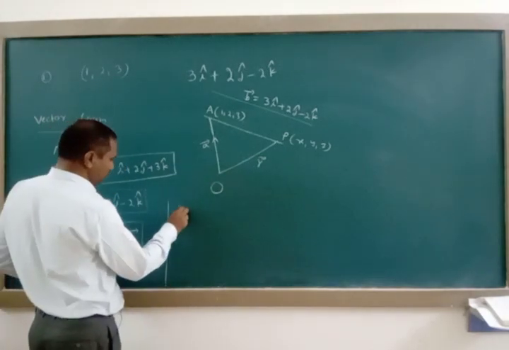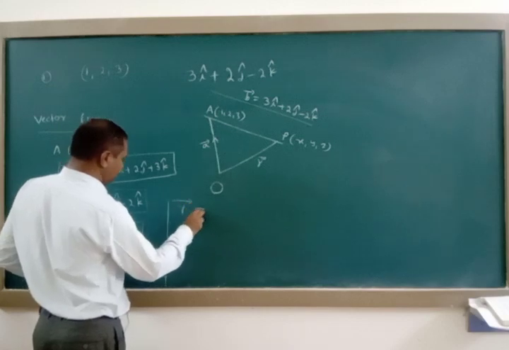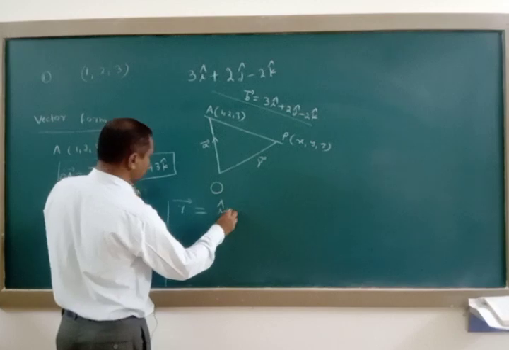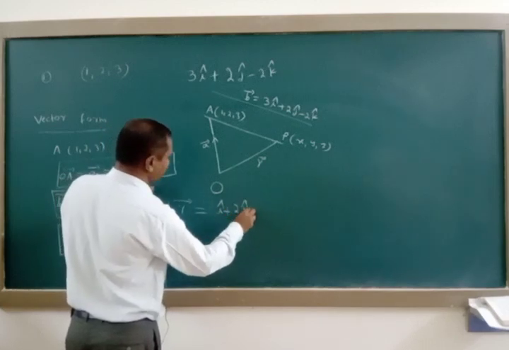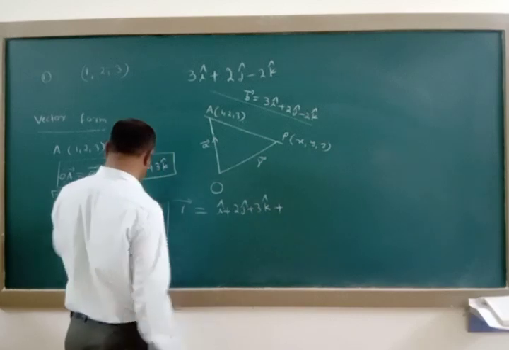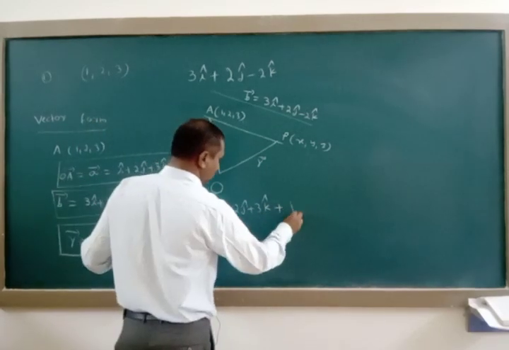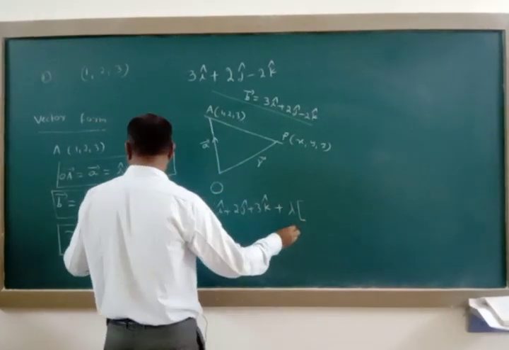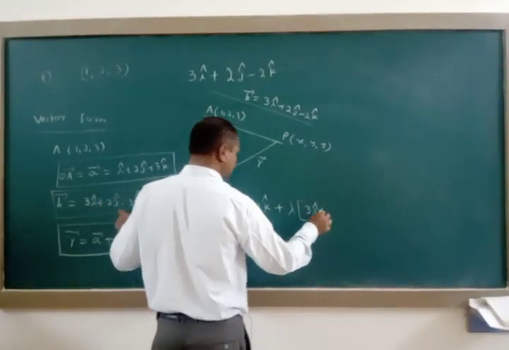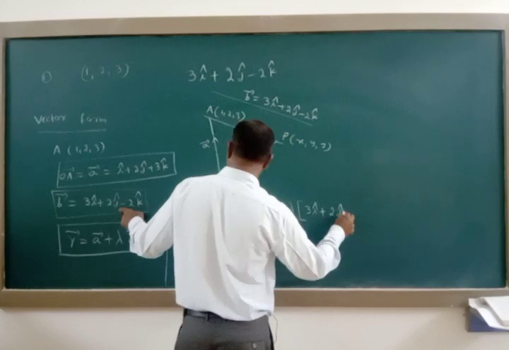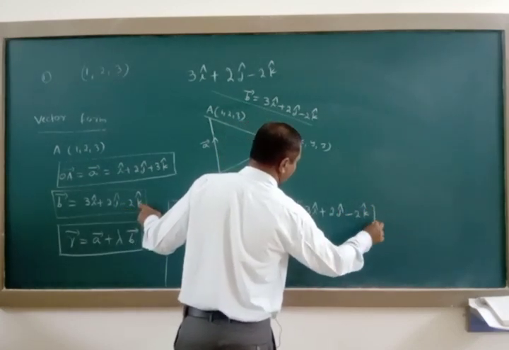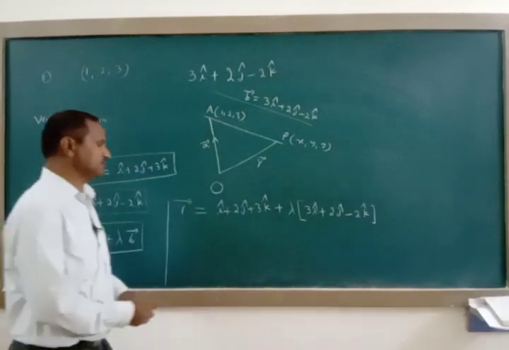OR vector is equal to A vector, which is i cap plus 2j cap plus 3k cap, plus lambda into 3i cap plus 2j cap minus 2k cap, where lambda is any real constant.